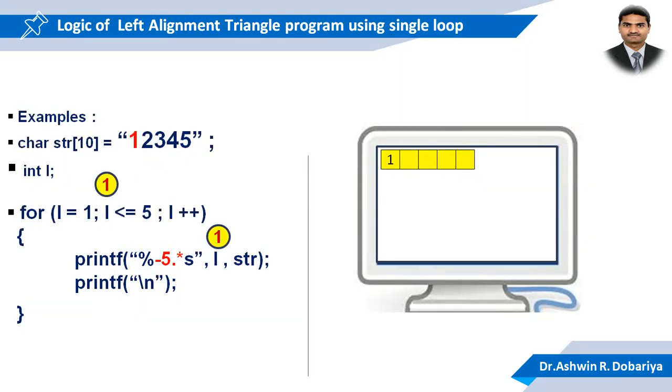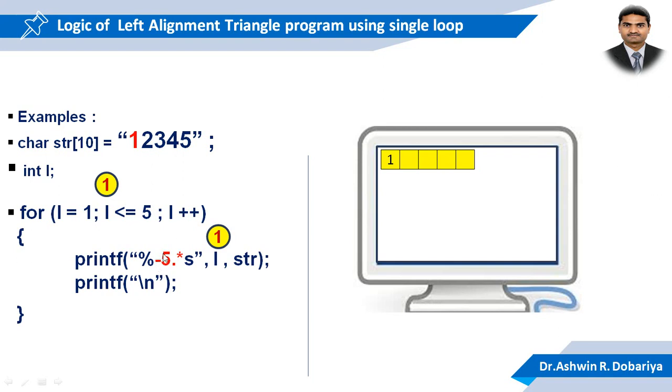Suppose in the first line we want to display the first character, and we know how many characters in total are available in our string: 5. So our loop will be i = 1, i <= 5, i++. And here printf, now %s means we want to print str, so str will be there. Now -5 is the width.